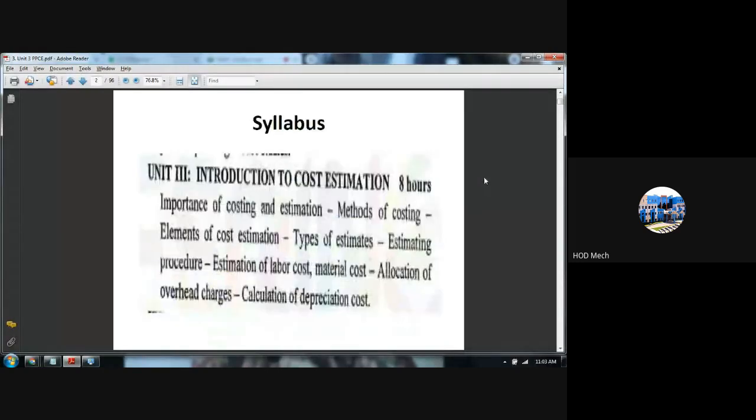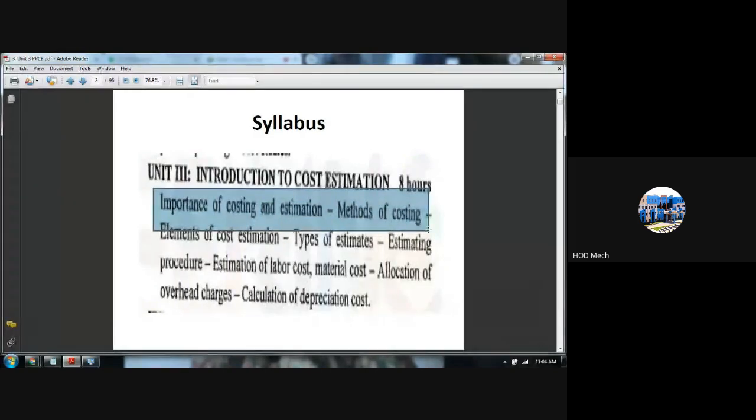So in this introduction to cost estimation, you have a few topics which I have segregated batch-wise so that it will be easy for you to plan accordingly and go through this entire syllabus. You have the importance of cost estimation and methods of costing.